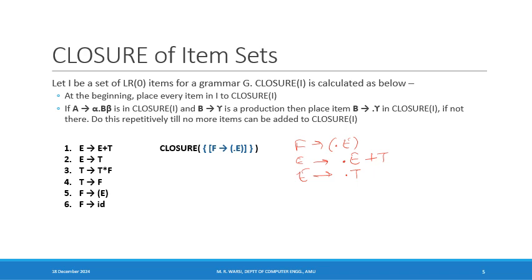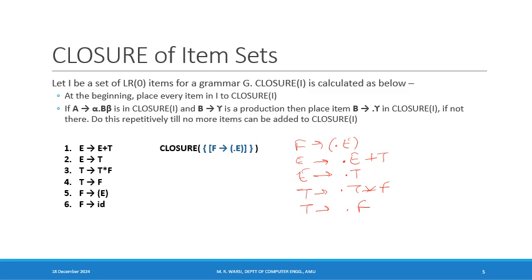So after the dot I have the variable capital T. So I will add LR0 items corresponding to the productions of the variable capital T to the closure. So now I add capital T derives dot T star F, and I add capital T derives dot F.